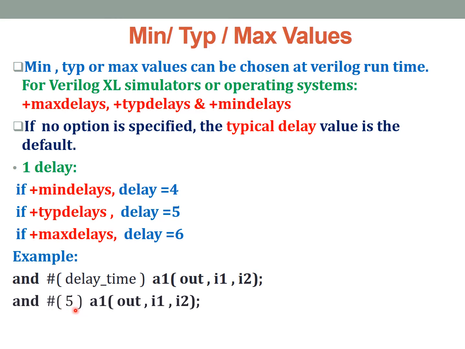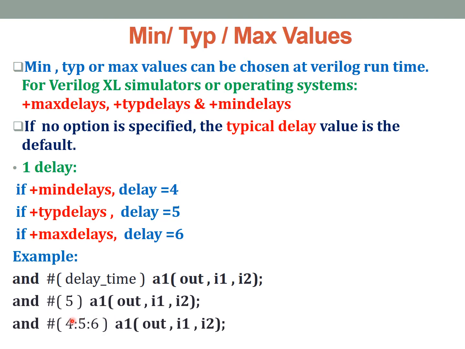We can specify a minimum value, a typical value and a maximum value. So this is the same example where we have included 3 sub-levels. So #(4:5:6) indicates this is a single delay. So the same delay is applied for rise delay, fall delay and turn off delay.